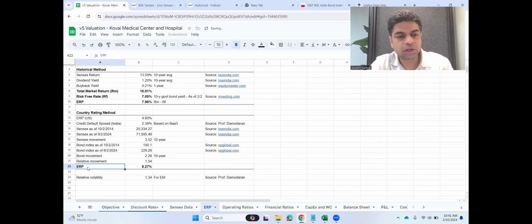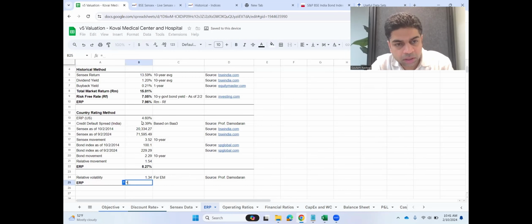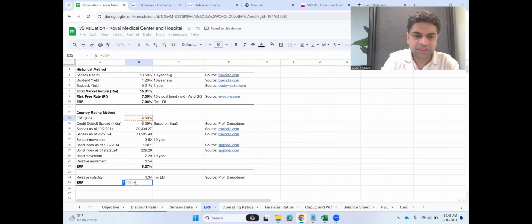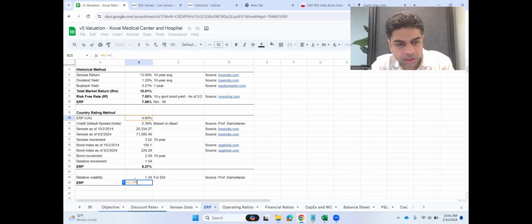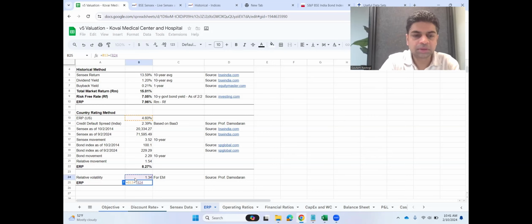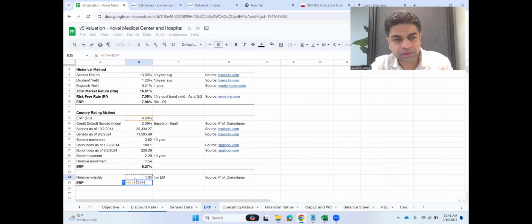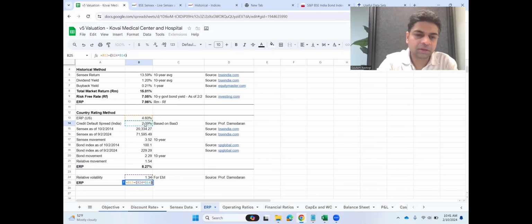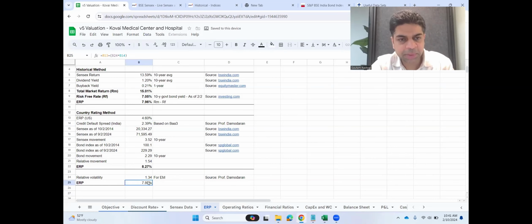All right. So the equity risk premium that we'll arrive at is the equity risk premium for the US plus this relative volatility times the credit default spread. So the equity risk premium that we've arrived at is 7.8.